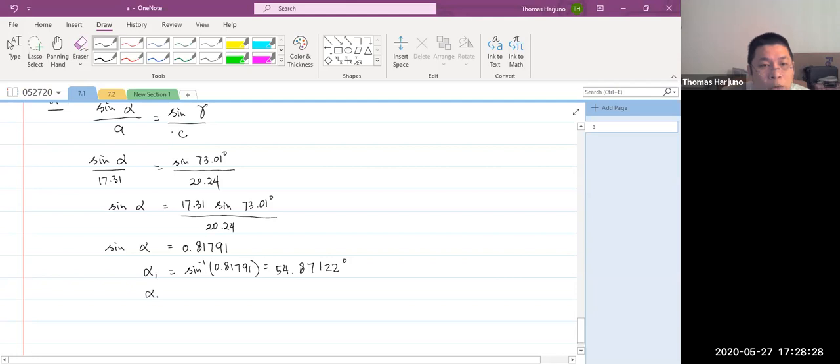But we also have an angle in quadrant 2 that gives us the same value, which is 180 minus whatever angle you have in quadrant 1. That will give us 125.12378 degrees.